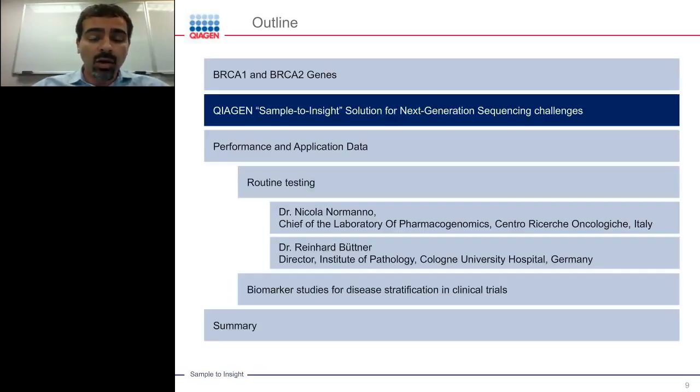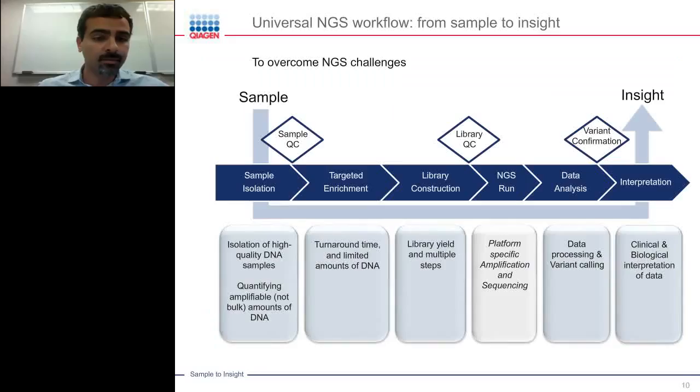But we know that using next-generation sequencing for studying the mutational status of BRCA1, BRCA2, and other genes is very challenging, because there are a lot of challenges associated with the next-generation sequencing workflow, from sample preparation to data analysis. What I will go through next is the sample-to-insight solution that QIAGEN has built to address these challenges.